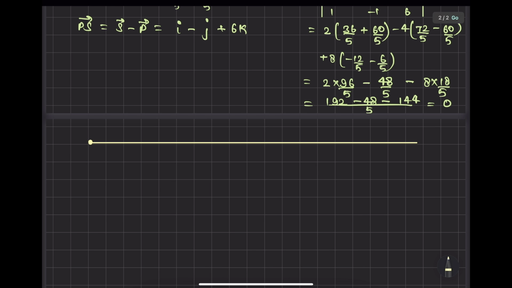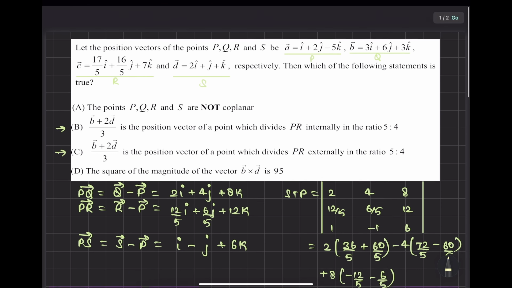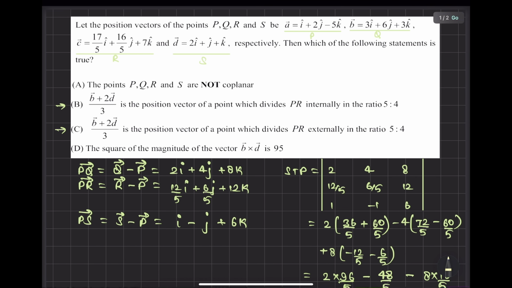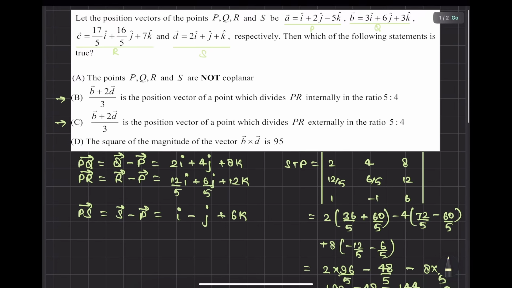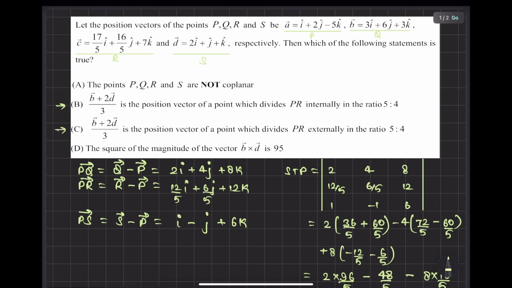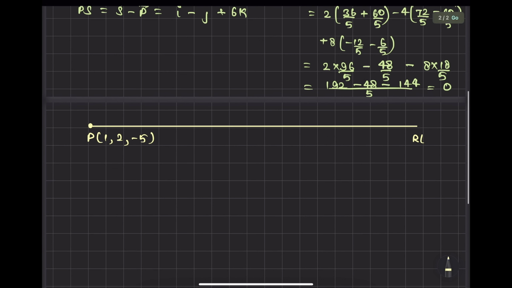So the second question is, suppose these guys are talking about P and R. So suppose this is your P. So who is P? P is 1, 2, minus 5. Who is R? R is this, 17 by 5, 16 by 5 and 7.